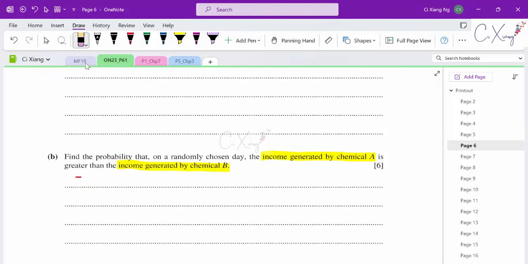Okay, so maybe we can write out the definition for the income from B. Income from B means that you have to take 3.25, which is the price per kilogram, multiply the Y, the weight or the mass of the chemical B. Then if I want to calculate the mean for income of chemical B, it should be 3.25 multiplied with the mean of Y. So again, what's the mean of Y?